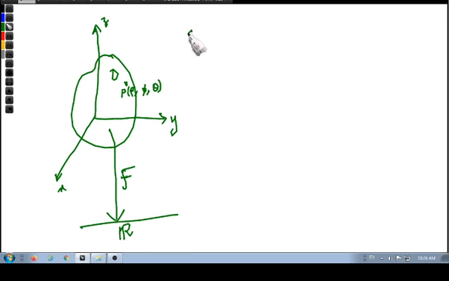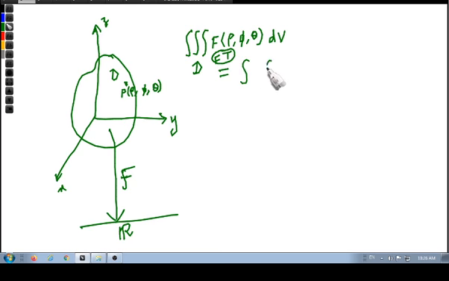So triple integral over D, f is a function of rho, phi and theta, so f of rho comma phi comma theta dV is equal to, by Fubini's theorem, you can compute this triple integral as iterated integrals. So f of rho comma phi comma theta.